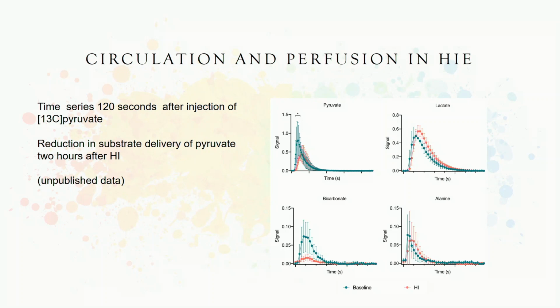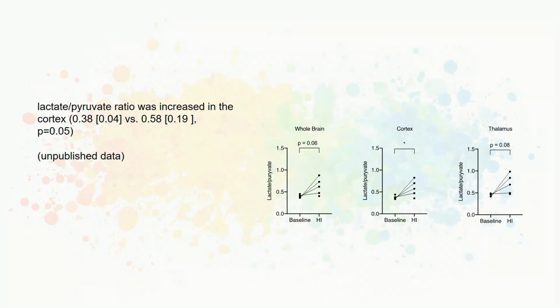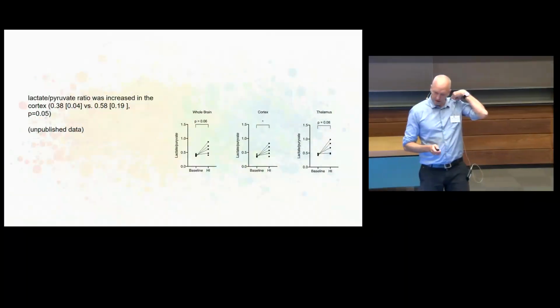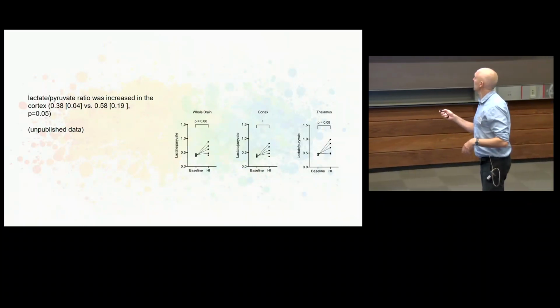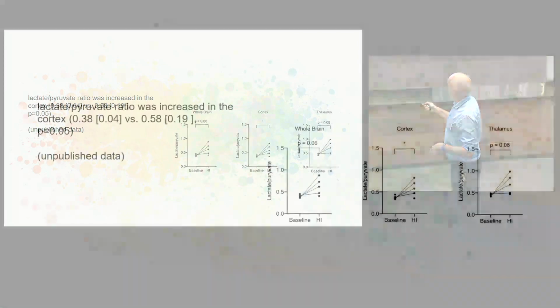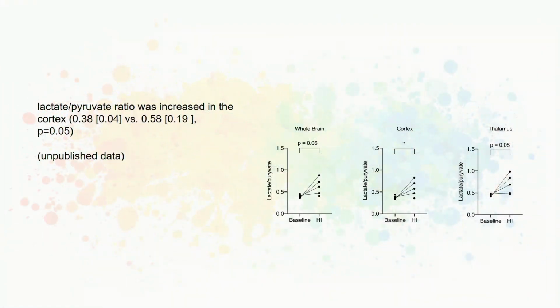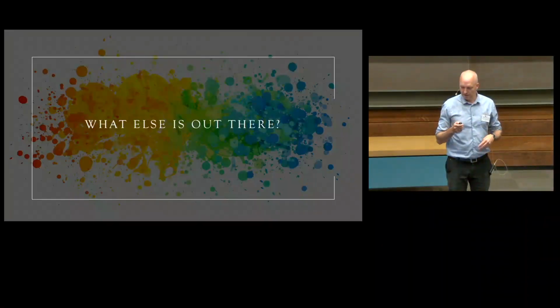This is just a 2-minute time course in piglets with and without brain injury. And this is also from the hyperpolarization data. You can see that the metabolic ratios change after hypoxia-ischemia. So this is, I think, MRI sort of trespassing on the PET area with no radiation.